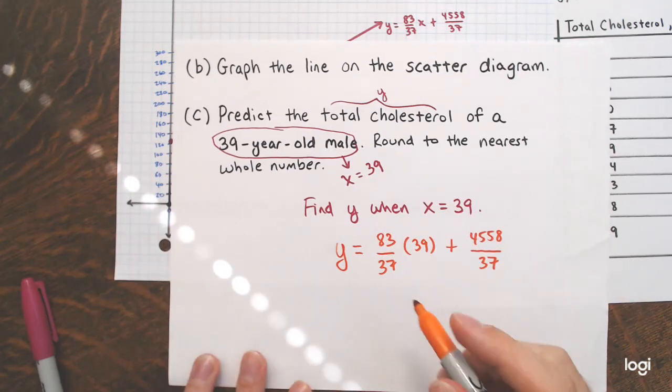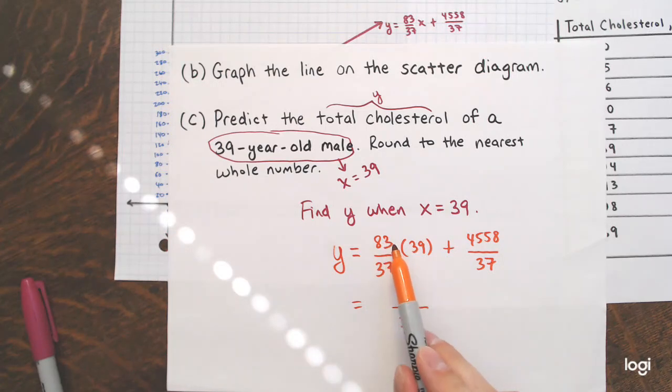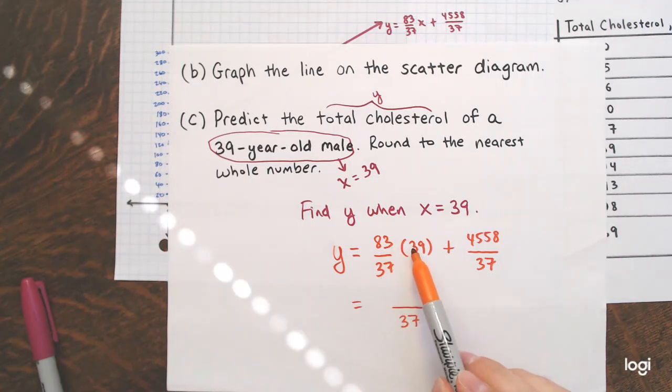Because the denominators are already the same for these fractions, it's going to be 37. I just need to multiply these two numerators and then add 4,558. So I'm going to take 83 times 39. That's 3,237, and then add to that 4,558.